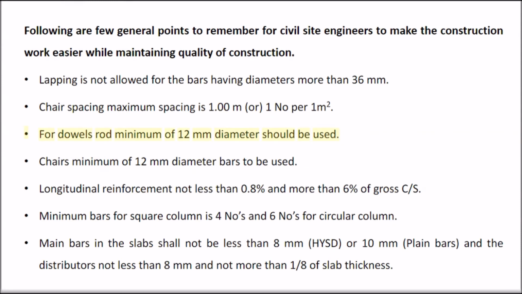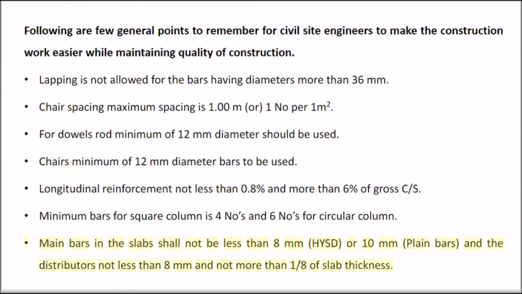For dowel rods, a minimum of 12 mm diameter should be used. For chairs, a minimum of 12 mm diameter bars to be used. Longitudinal reinforcement not less than 0.8% and not more than 6% of gross cross-section. Minimum bars for a square column is 4 numbers and 6 numbers for a circular column.